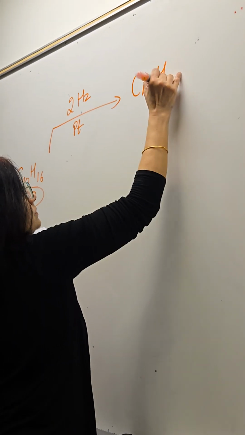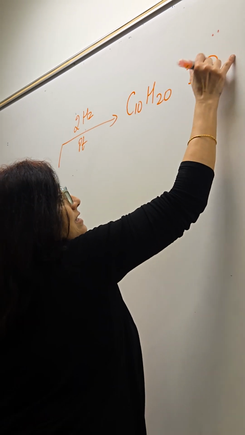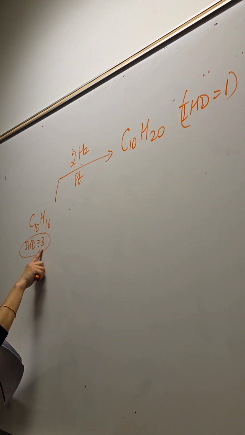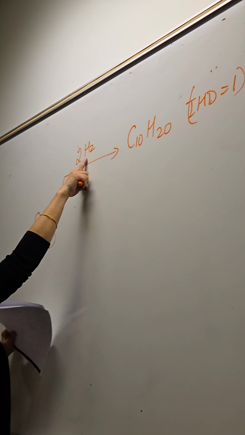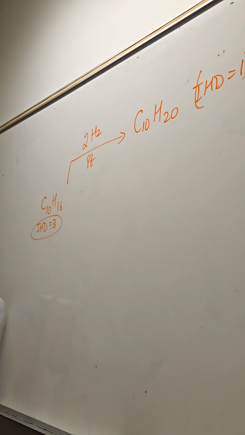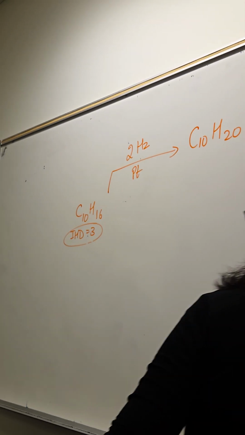What is the IHD of C10H20? 1. So, what does this tell us actually? You started with 3 IHDs, 2 of them are destroyed, 1 remains. What does that say about the IHDs here? It was 2 pi bonds and a ring.